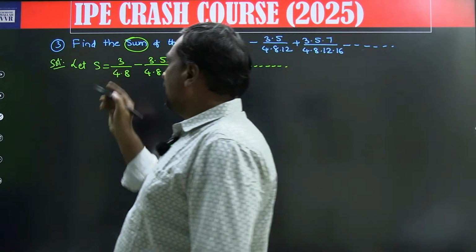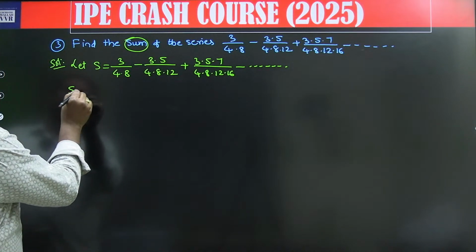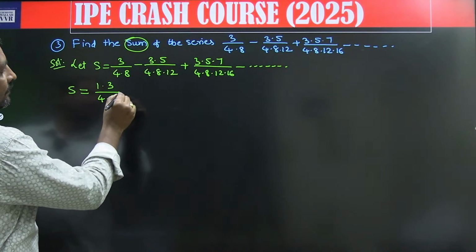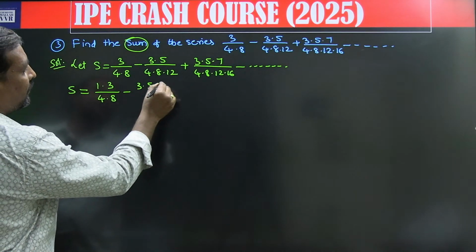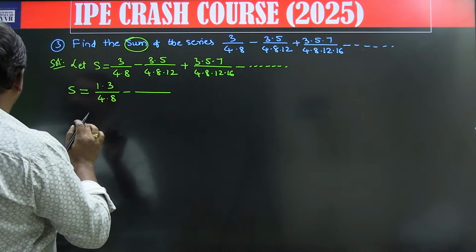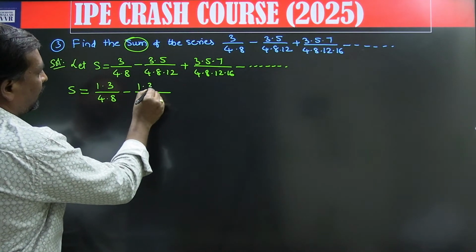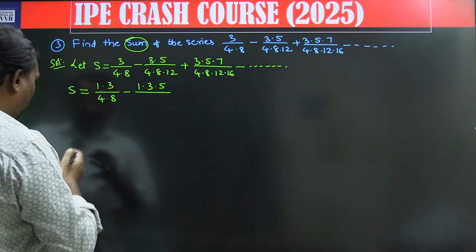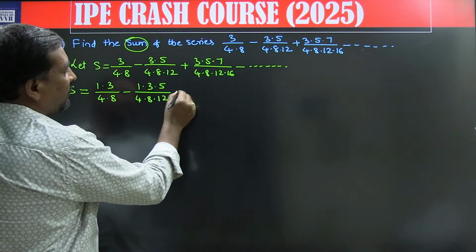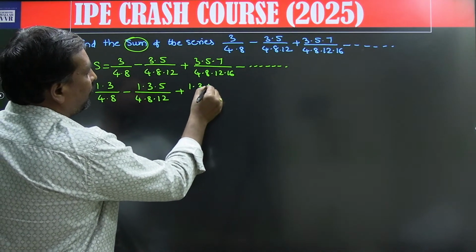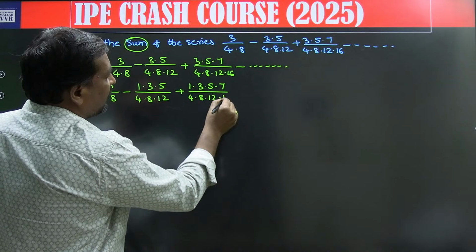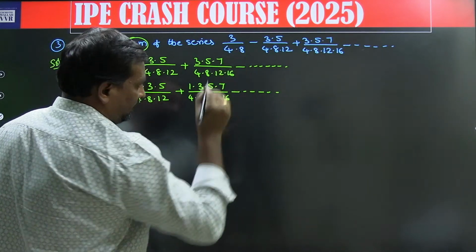So simply we can write this problem as 1 into 3 by 4 into 8 minus 1 into 3 into 5 by 4 into 8 into 12 plus 1 into 3 into 5 into 7 by 4 into 8 into 12 into 16 minus and so on.